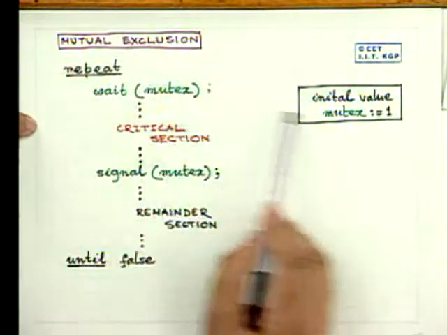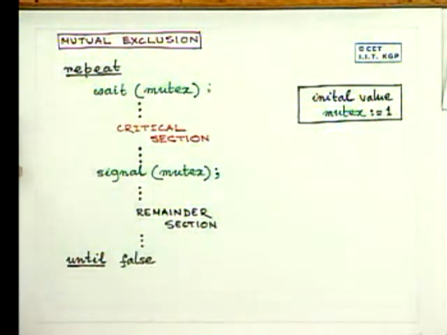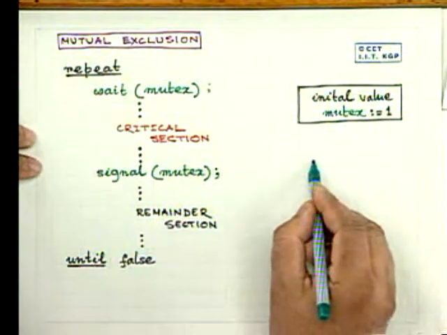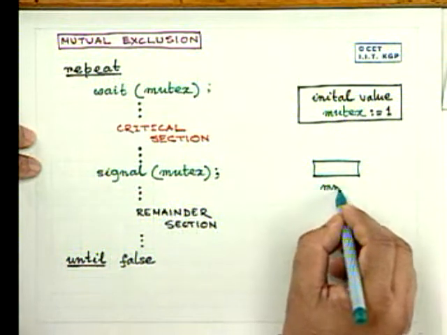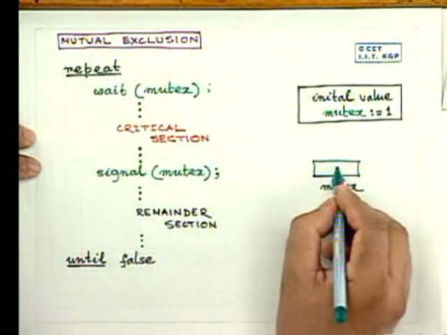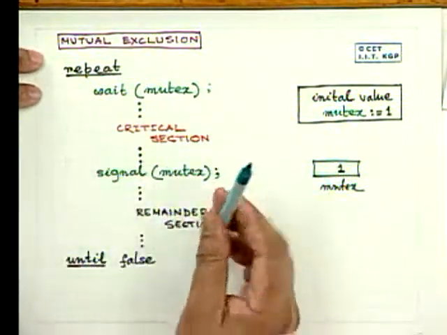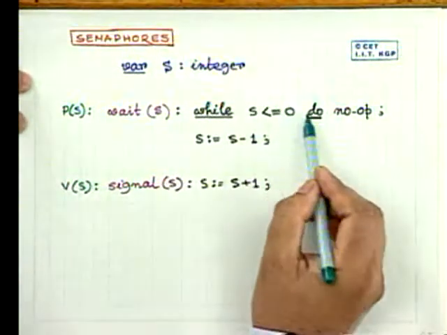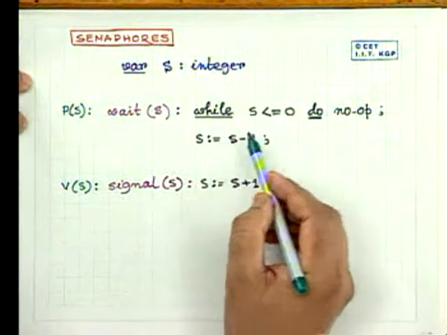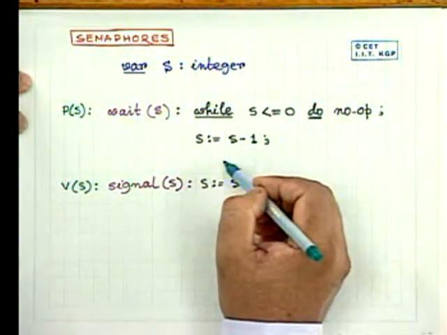Wait(mutex). Say the initial value of mutex is 1, then since the value of mutex is greater than 0, it comes out of the wait, decrements it, and goes ahead.